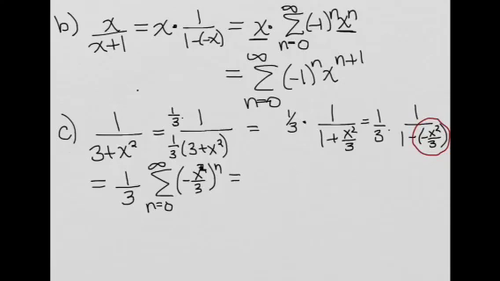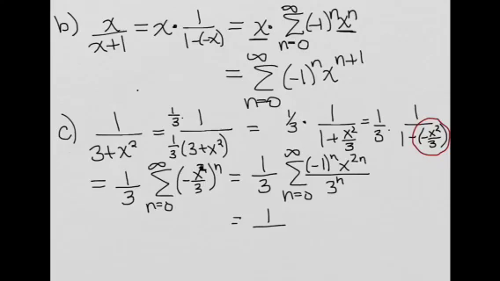And so simplifying that, we get 1/3 the sum, n equals 0 to infinity, of negative 1 to the n, x to the 2n over 3 to the n. And if we want to write it as one single sum, which is usually your goal, we will write it as one single sum.